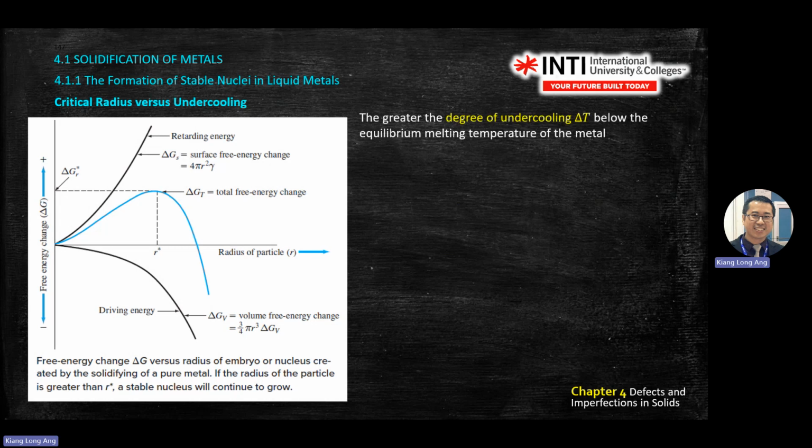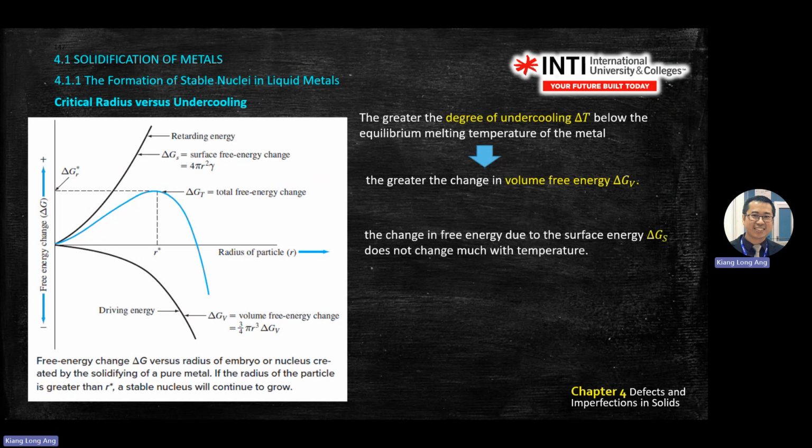Now we find the relationship between critical radius versus undercooling. The greater the degree of undercooling delta T below the equivalent melting temperature of the metal, the greater the change in volume free energy delta GV. As you can see here, it's exponential. The change in free energy due to surface energy does not change much with the temperature.